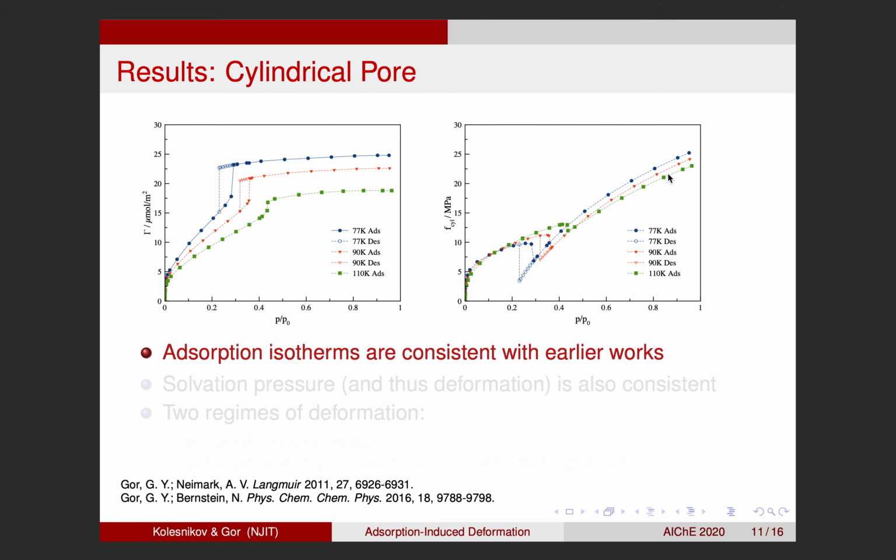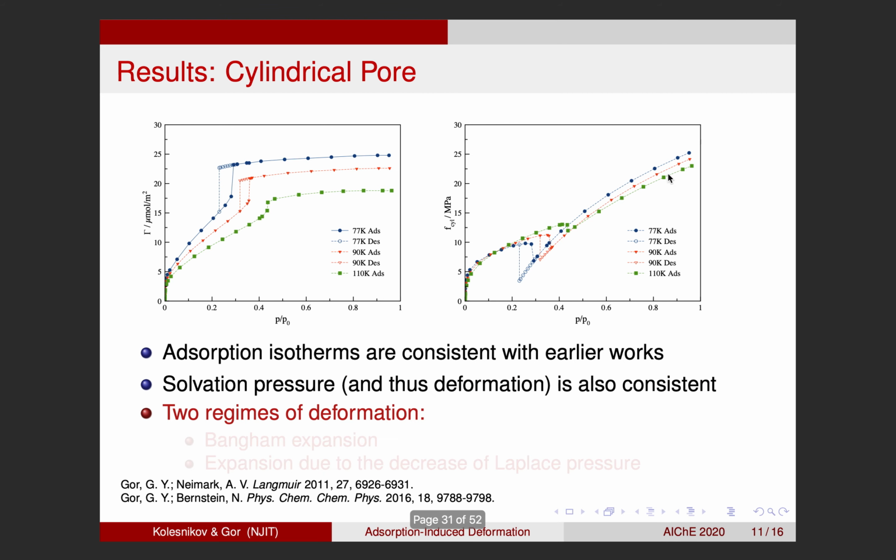The adsorption isotherms are consistent with earlier works, and the solvation pressure is also consistent. We can see here the two regimes of deformation: the Bangham expansion in this first part, and then the expansion due to the decrease of Laplace pressure here. I'm not going to go into details discussing this because it was all published about a decade ago in my work with Alex Neimark.